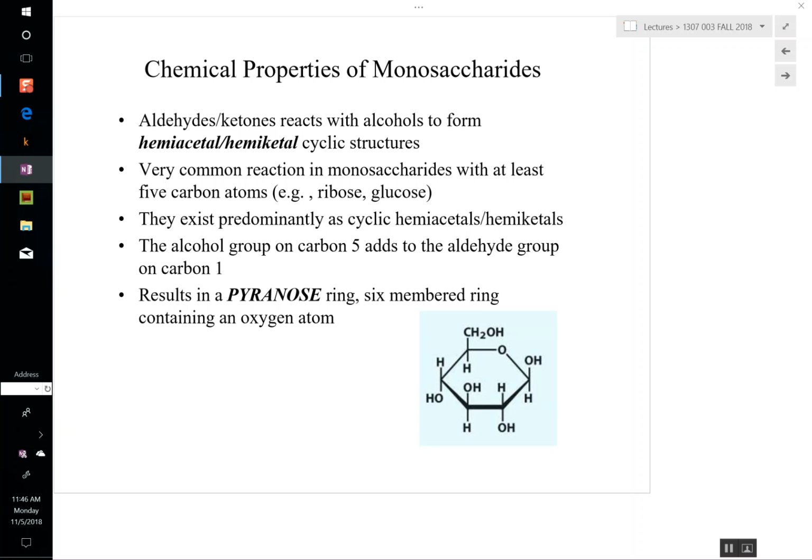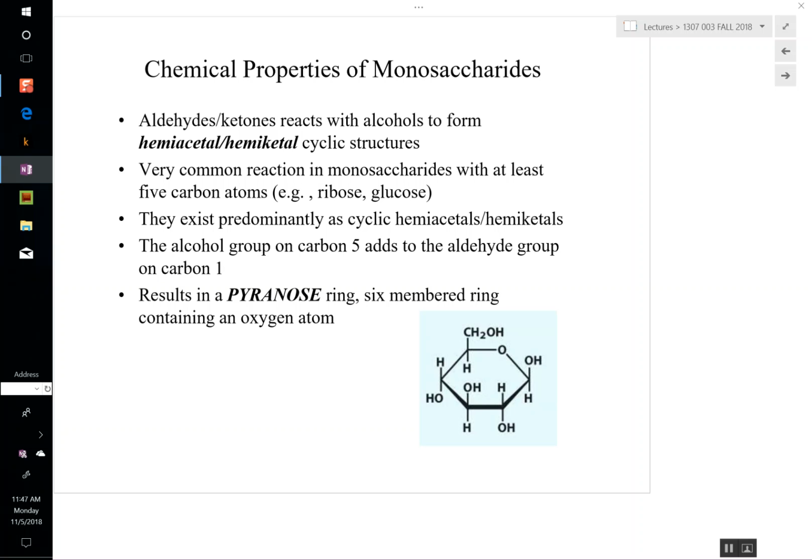When there's the oxygen between two carbons, that's what it reminds me of. It does remind you of an ester, but an ester would be this. The double bond is still there. In a hemiacetal, it has disappeared. You've converted the double bond into an OH and a single bond.